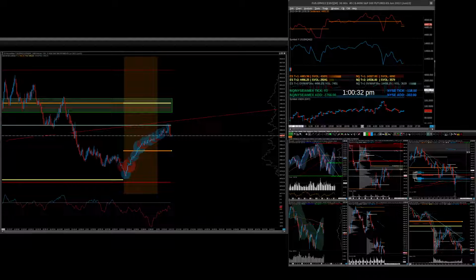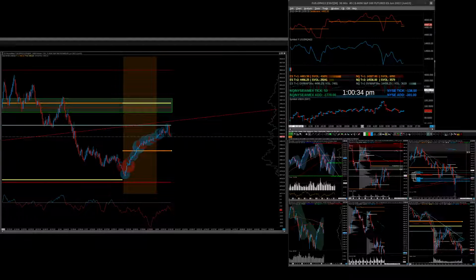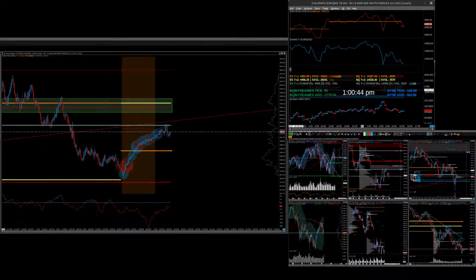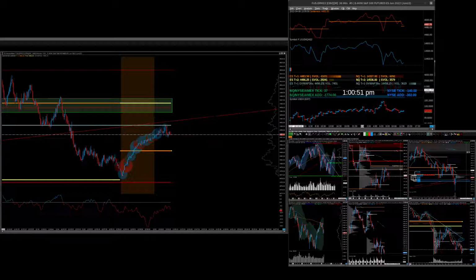Come on. 85. Oh no, we're not getting out fast enough. Stops to break even. What? It's a can't lose trade. It's a settlement can't lose trade. Oh, we didn't fill all of them, did we? Oh, bummer. It's that one.